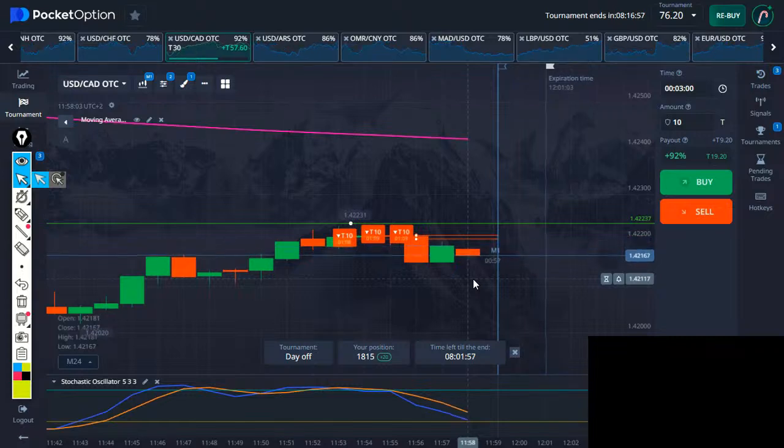I don't like this gap down after a green candle. I don't like it at all. This is the last minute, so let's see. I'm quite confident if it keeps on going this slow.